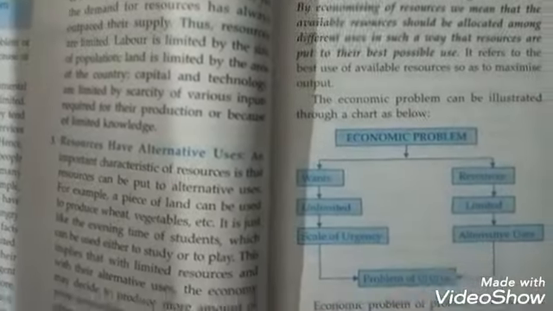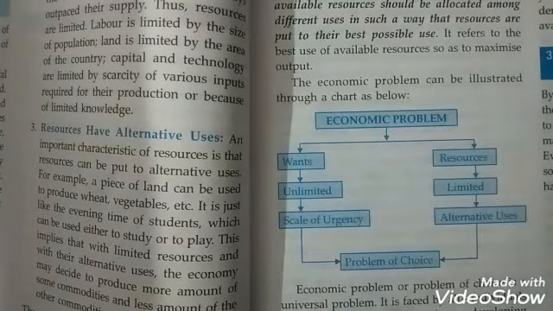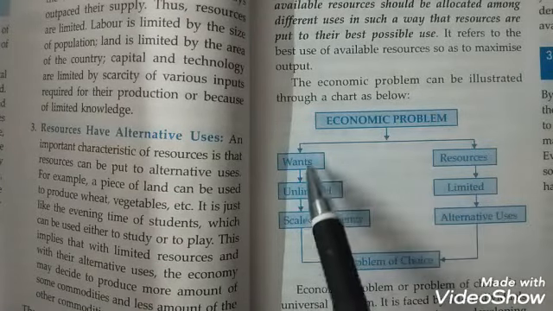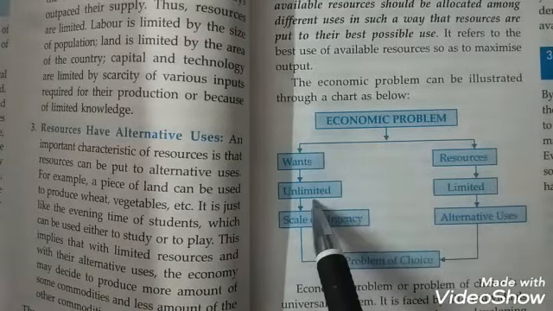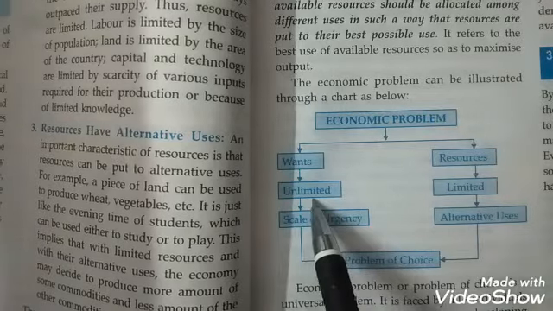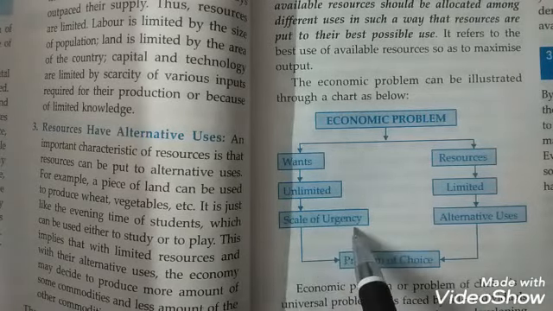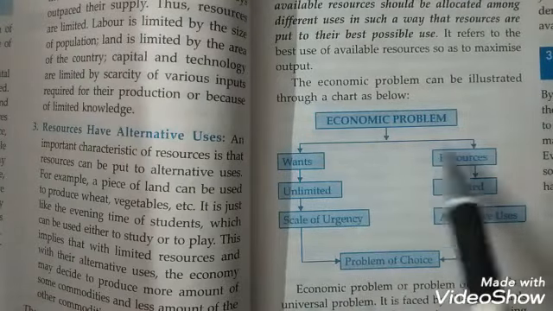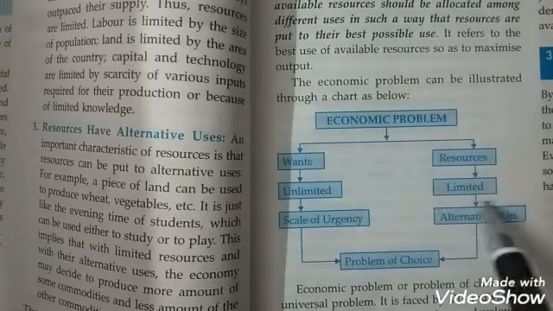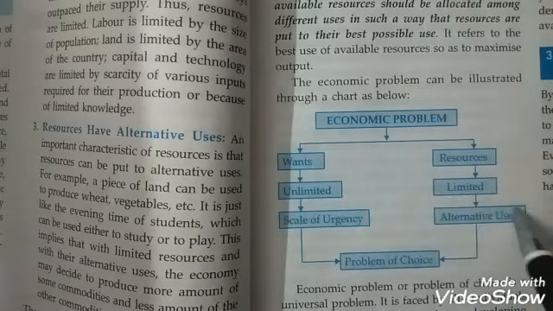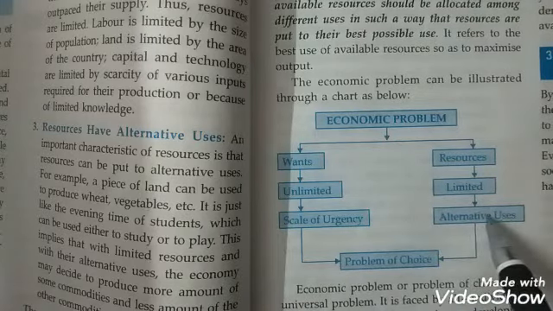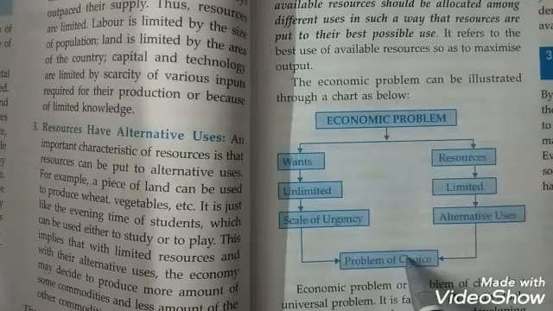So we can see that in this chart, the economic problem has been properly mentioned, that human wants are unlimited in nature and these unlimited human wants have a scale of urgency. That is, some wants are more important than the others and others are less important. The resources which are available to satisfy these wants are limited. Not only are the resources limited, but they have alternative uses also. Because of this, the problem of choice arises.